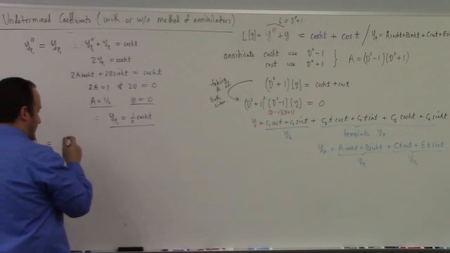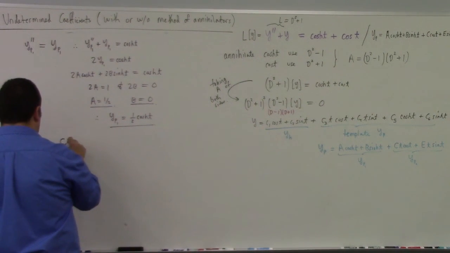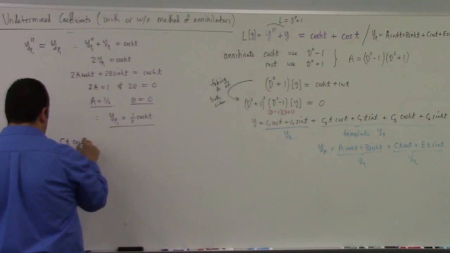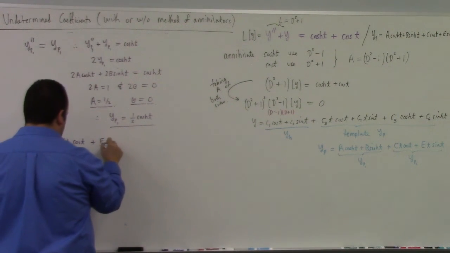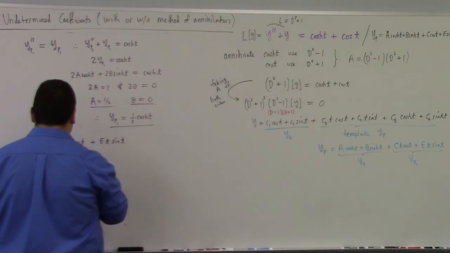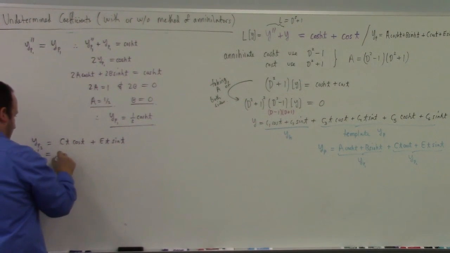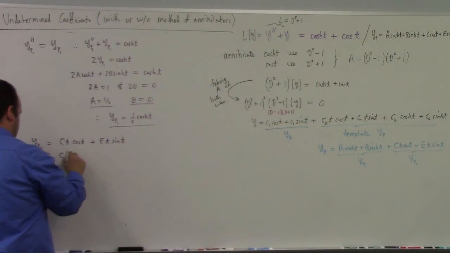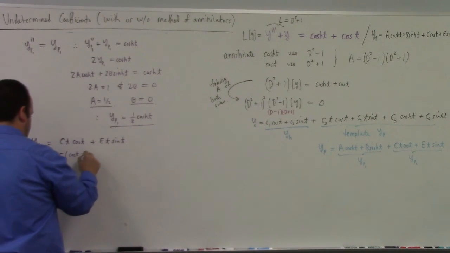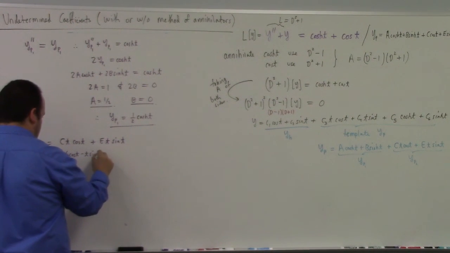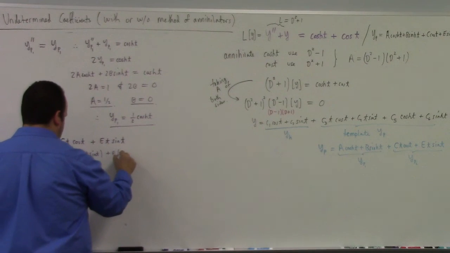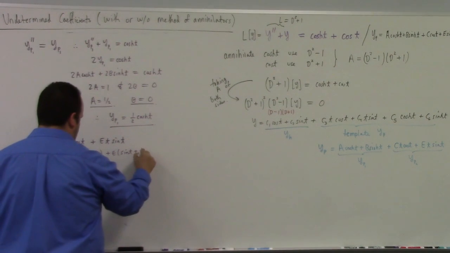Okay, so that's c t cos t plus e t sin t, right? So you differentiate that. You get c times cos t minus t sin t, plus e times sin t plus t cos t.